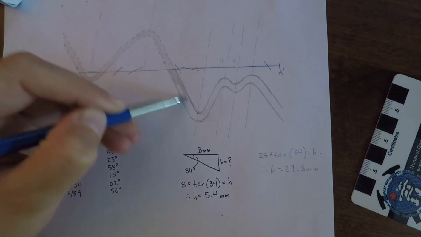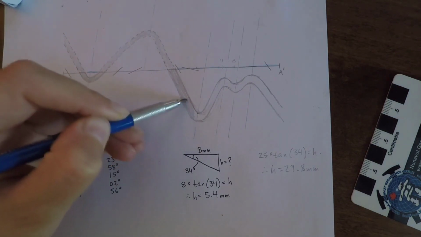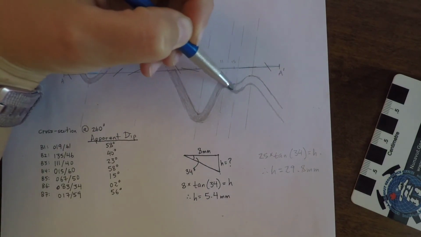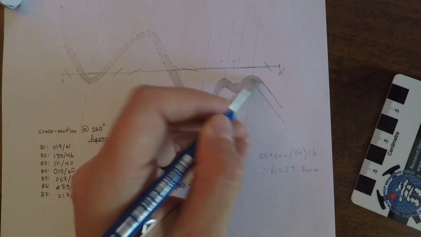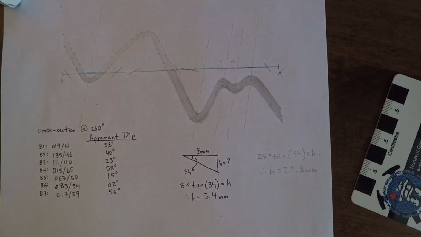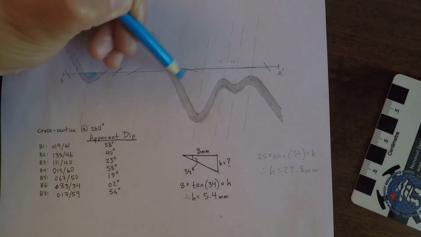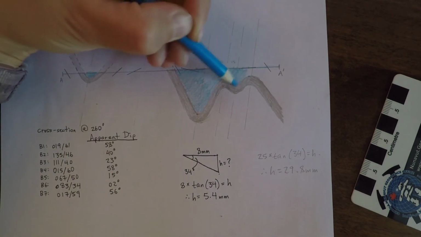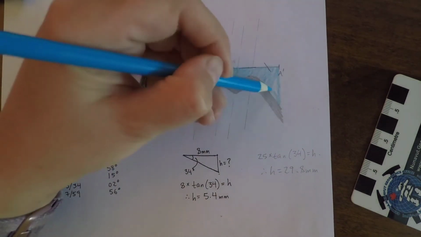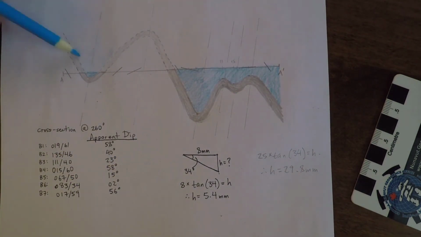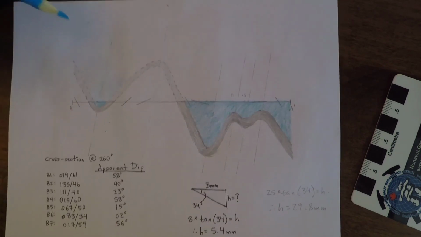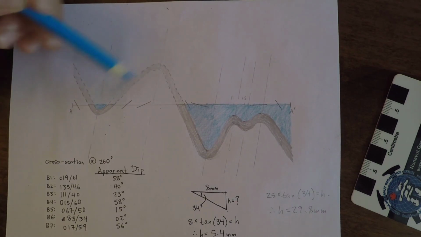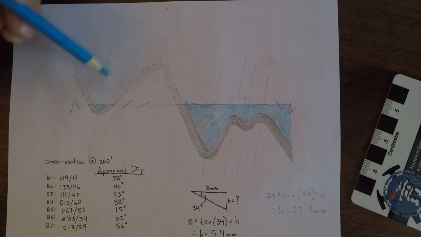So we can go ahead and color in our cross section. When you're coloring above your cross-section line, you really just want to color a reasonable amount to include all of your units.